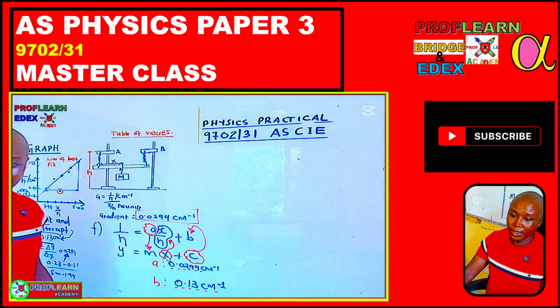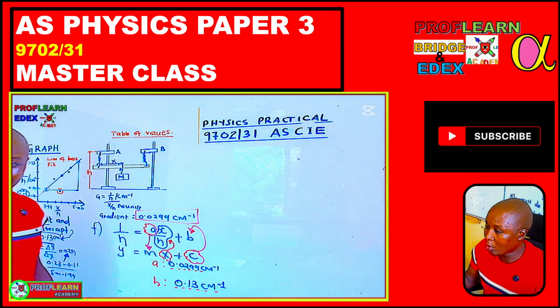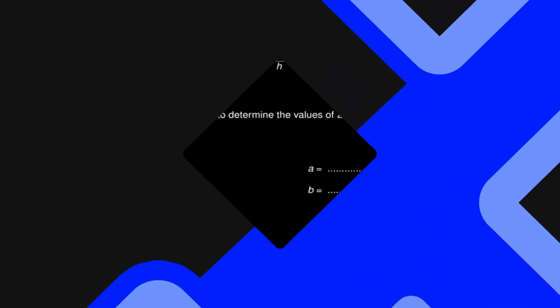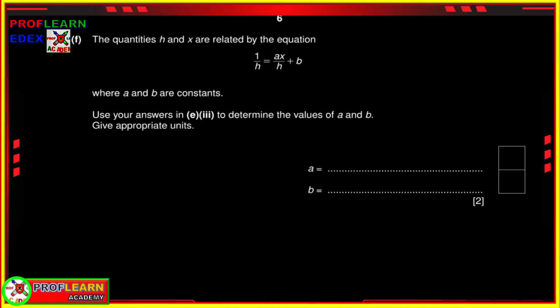Now in this section, you are basically copying the answers that you got from the previous question, because what you are doing here is just relating the equation we have here with y equals mx plus c.